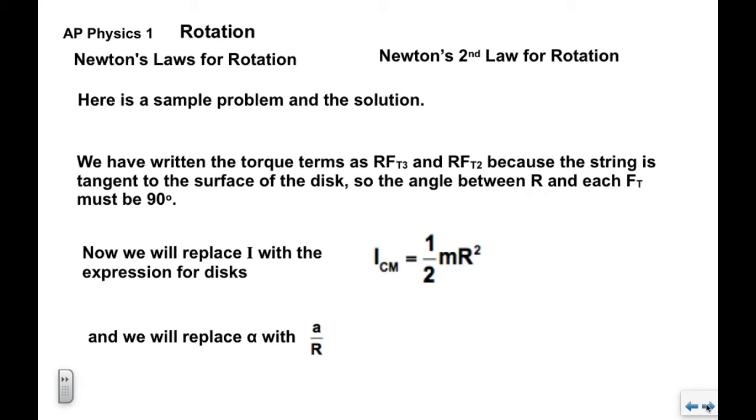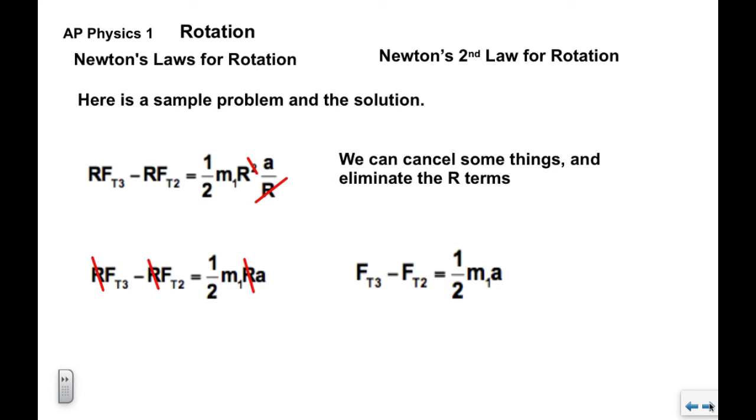We're going to replace I in the torque equation with the expression for a disk, which is 1/2 m r squared. We're going to replace alpha with a over R. Recall that from the rotational kinematics, the tangential acceleration of the edge of the object is equal to alpha times R. So we're going to replace alpha with a over R. Here it is.